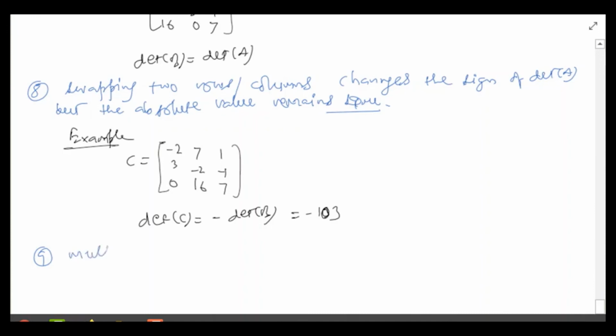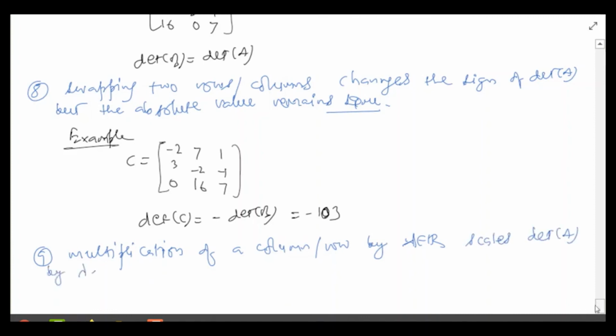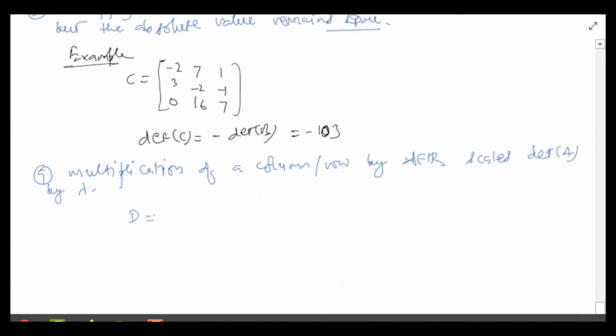So multiplication of a column or a row by, say, lambda, which is a real number, scales determinant of A by lambda. Okay, so what it means is that if I define another matrix, let's see an example.